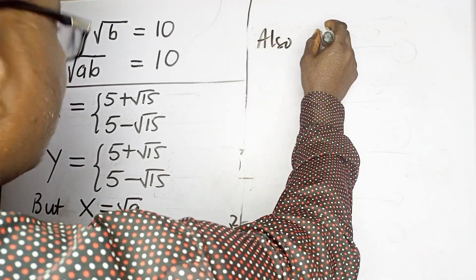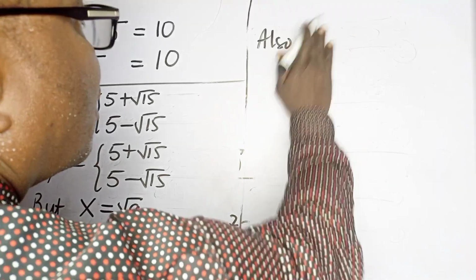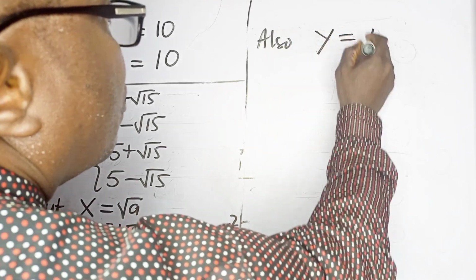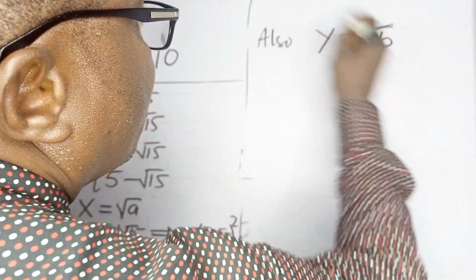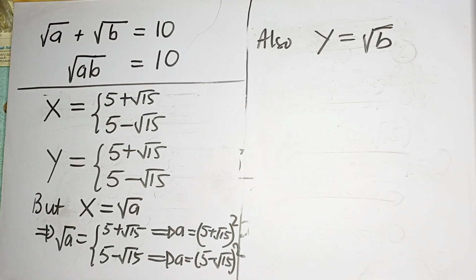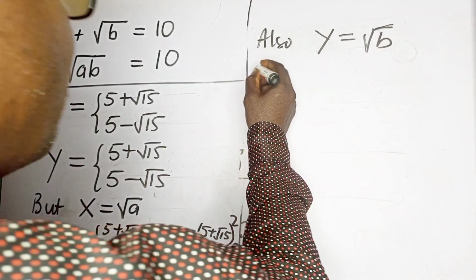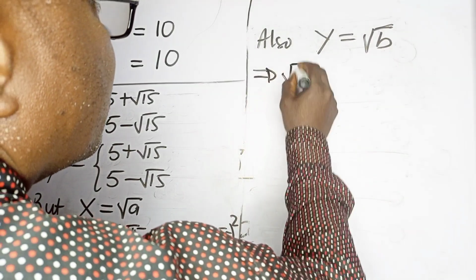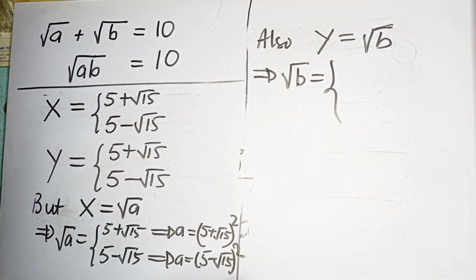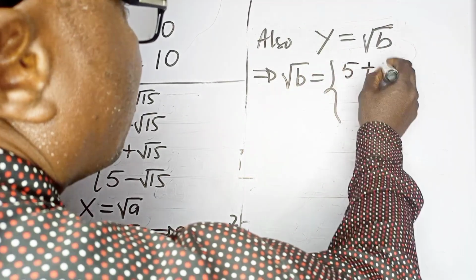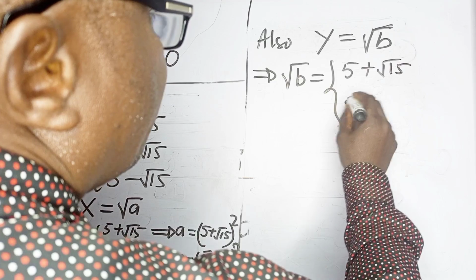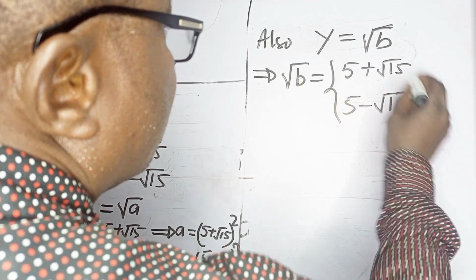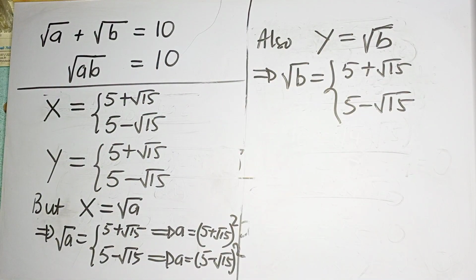Also, we're told that capital Y, from the substitution we did, is root B. So this means root B will be either 5 plus root 15 or 5 minus root 15. So what is B?